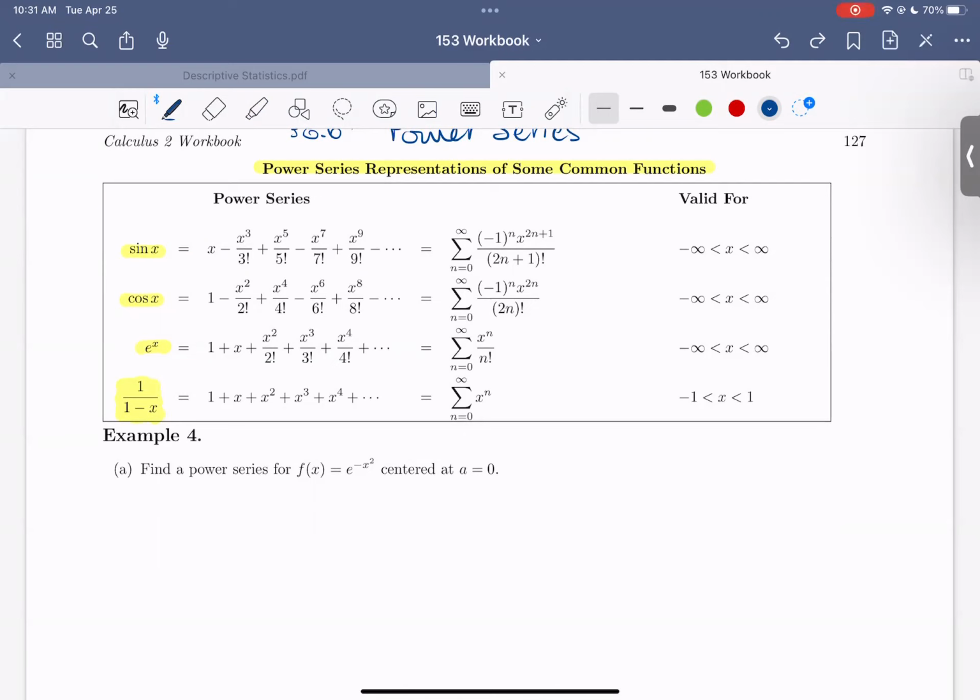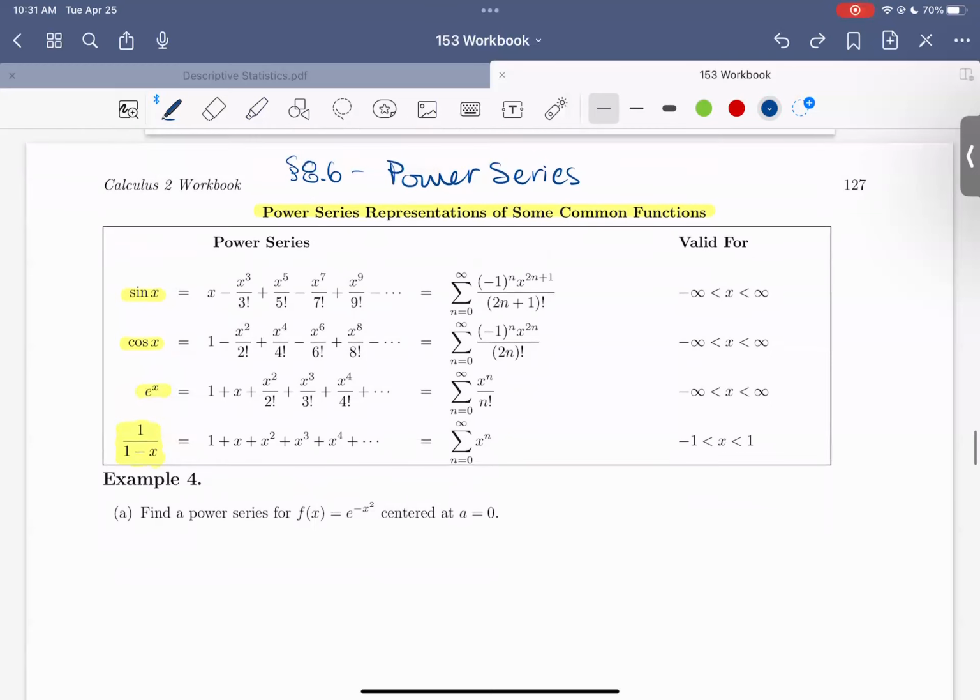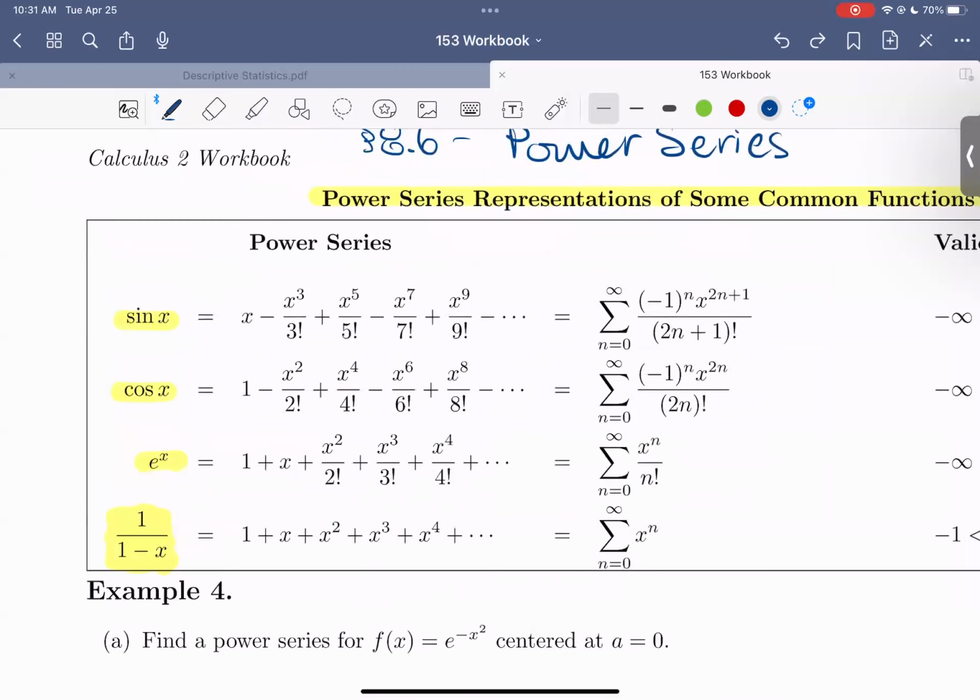But one of our goals at the beginning of this section was to come up with power or Taylor series for certain functions in a quicker or easier way. So using these formulas here is going to help us. And we can just take a moment to appreciate some of these series. So notice we can observe things like sine of x is alternating, plus minus, plus minus.